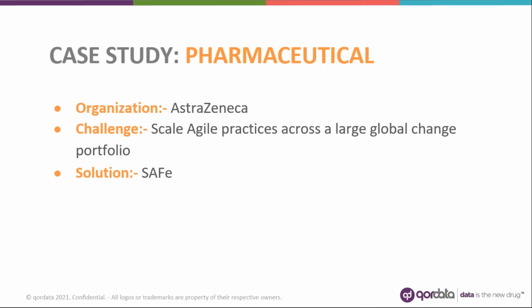AstraZeneca has a portfolio of products for major disease areas, including cancer, cardiovascular, infection, respiratory, and inflammation. Millions of patients around the globe use its innovative medicines. Recently, they have launched their COVID-19 vaccine as well, and Pakistan is one of the countries that is getting vaccinations from them.